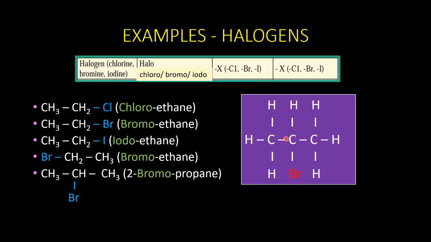This is the elaborate structure of 2-bromopropane. You can see the bromine being attached to the carbon and you can check that the tetravalency of carbon is satisfied with every carbon, which is very important in any hydrocarbon chain.